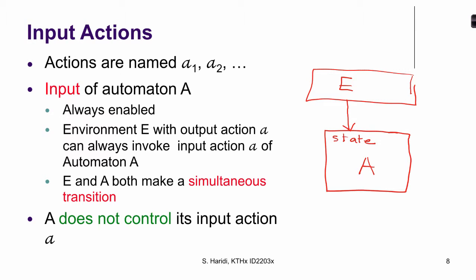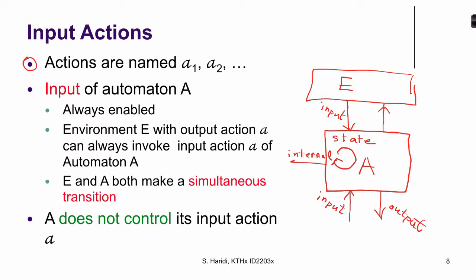We have input actions, which come from the environment. We have output actions from this automaton; it can produce actions out. And it has what we call internal actions.